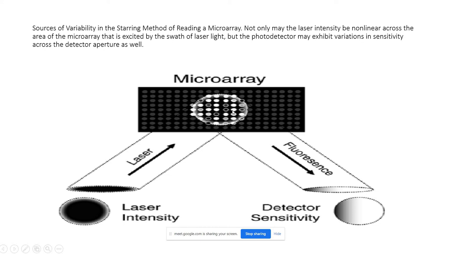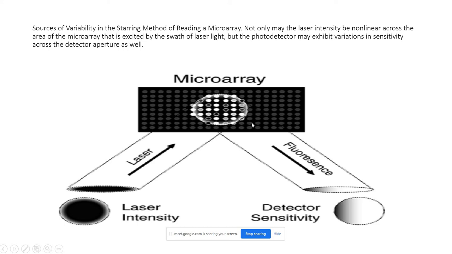The laser beam is focused only on the circumference, so half of the spots are analyzed and the spots are not completely covered. If we focus the beam on the other side, it may also leave some of the other spots. So the photodetector may exhibit variation in sensitivity across the detector aperture.